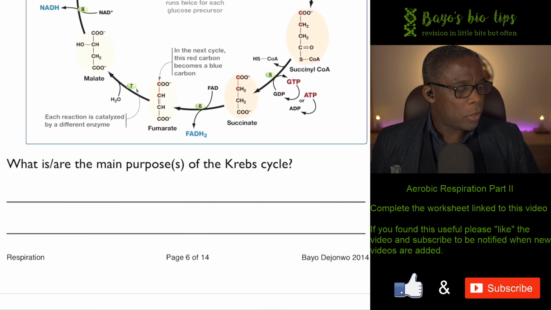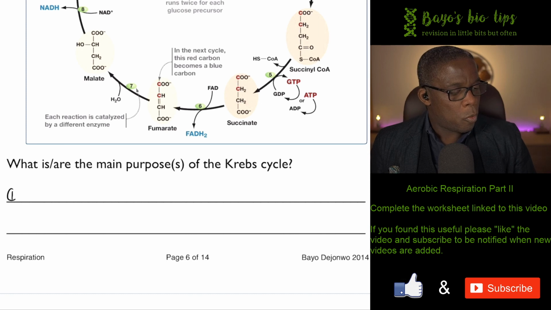Okay, so what are the main purposes of the Krebs cycle? So number one, to complete the breakdown of glucose.